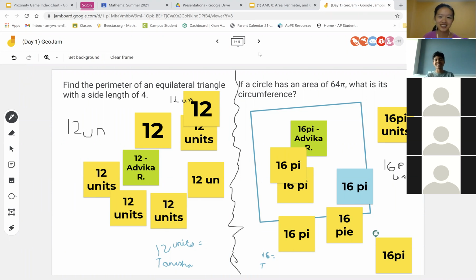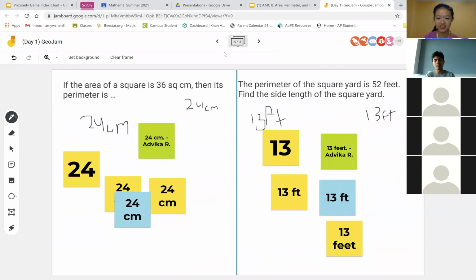Though actually for last year, 20 through 25 weren't as hard. Last year, MAA, the company that makes the AMC, they just punished everyone, because I feel like they put the questions from 20 through 25 in 15 through 20's place.